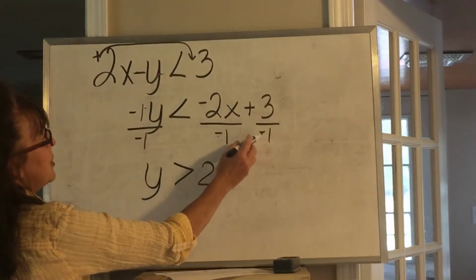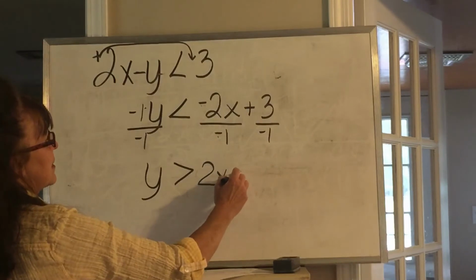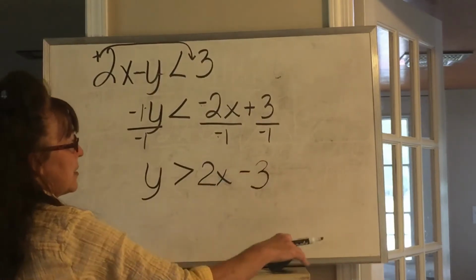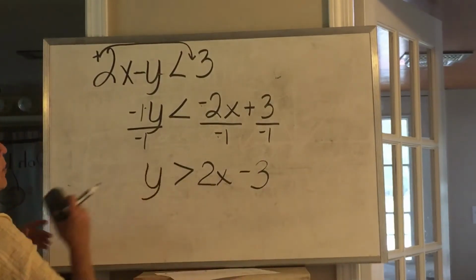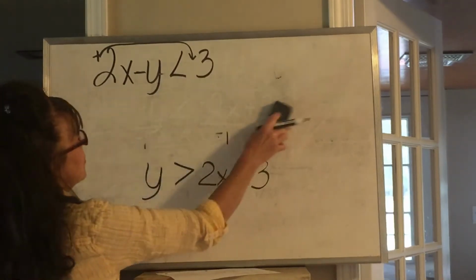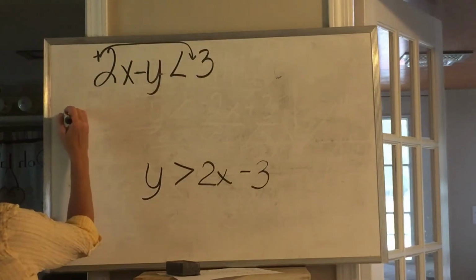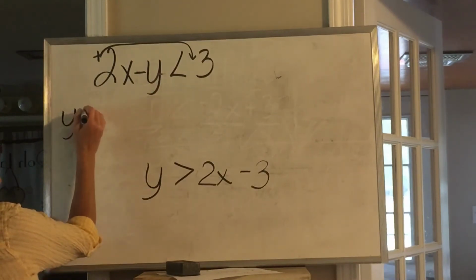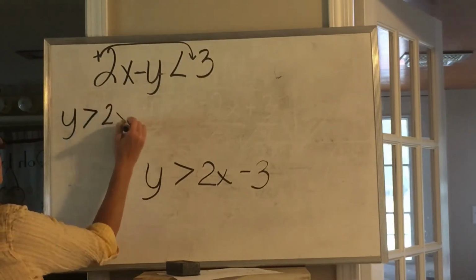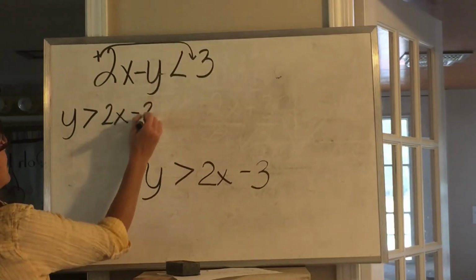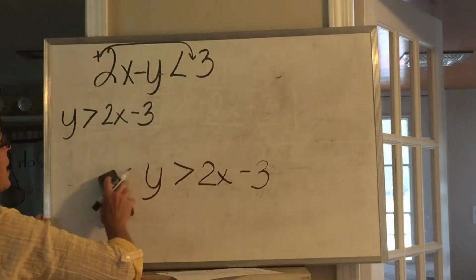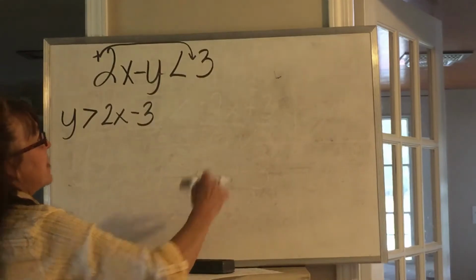The signs are different, so that's going to be a -3. So that is what I'm graphing. Okay, so I'm going to have to erase some of this. I'm going to write this down. Now I'm going to need that too. Y is greater than 2x minus 3. Okay? Now I'm ready to graph this.